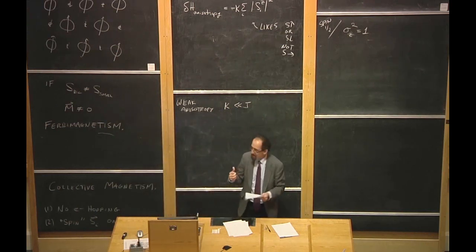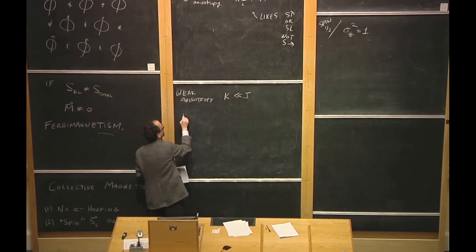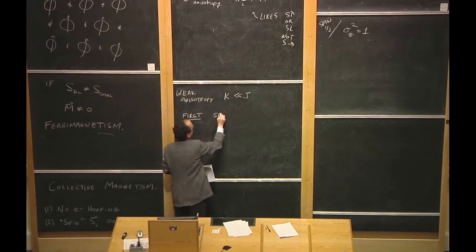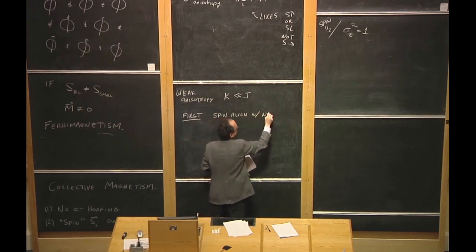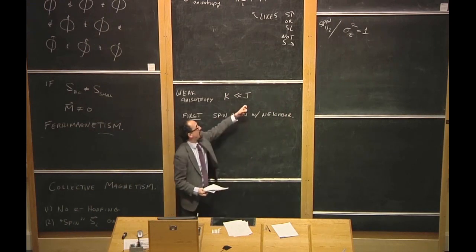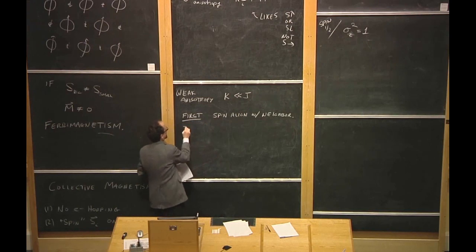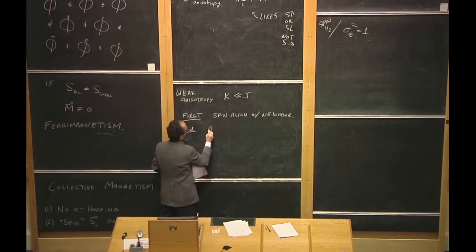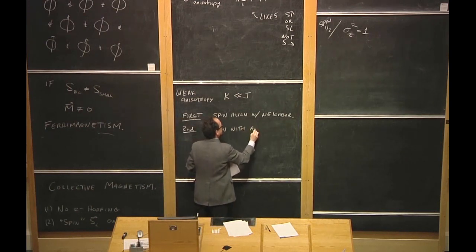In this case, first, and most importantly, you use spins aligned with neighbors. I say that first because it's most important to align with your neighbors, since J is the big energy scale in the system. Once you've aligned with your neighbors, second, you align with the anisotropy axis.